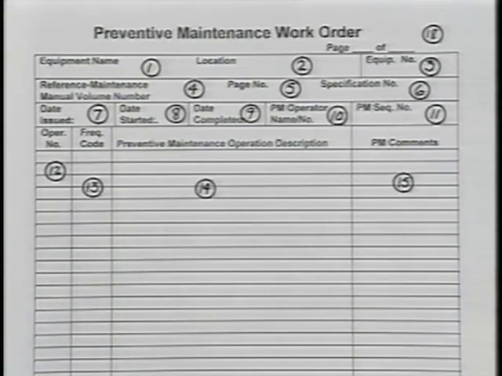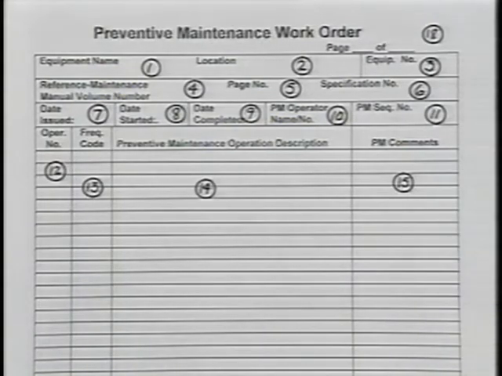The second line, starting again at the left, references the maintenance manual volume number, and that is really the number of the particular OEM's recommended maintenance requirement by either book or volume number. The page number would be the page within that particular book or manual, and then the specification number would be the specific paragraph within that page where these PM data elements are originated from.